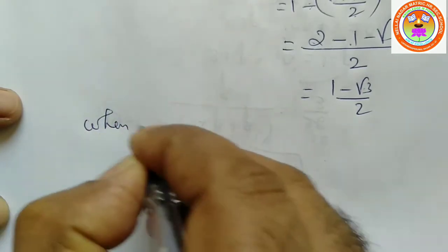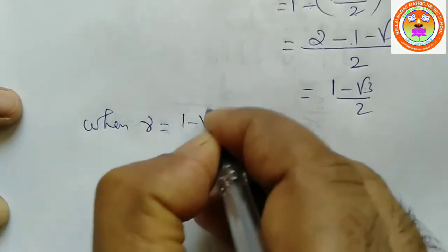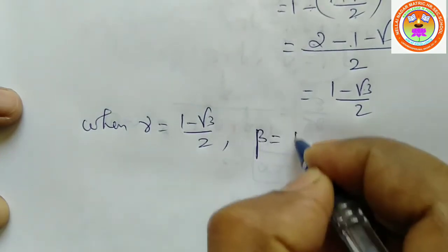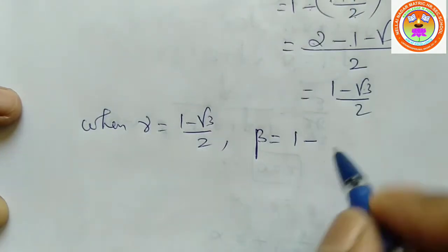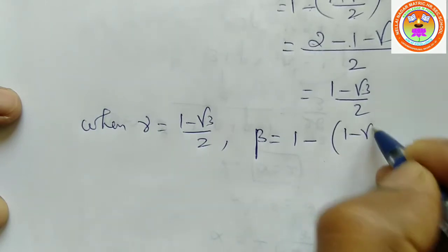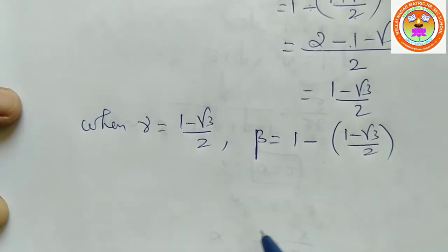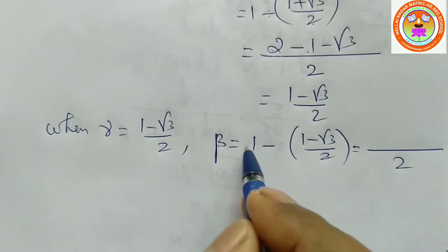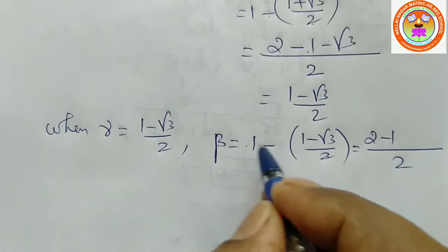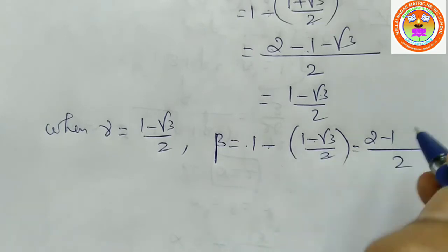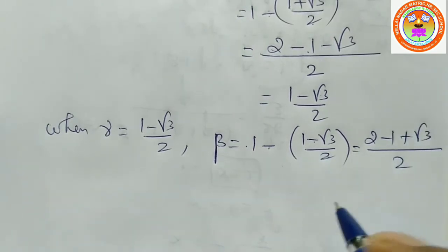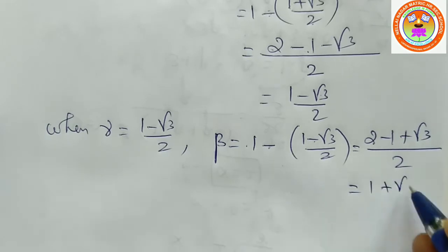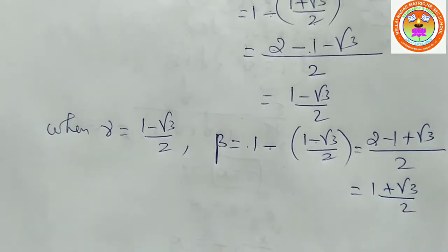So when gamma is equal to 1 minus root 3 by 2, beta becomes 1 minus gamma. Gamma is 1 minus root 3 by 2. If you take the LCM, LCM is 2. So cross multiply, 2 minus 1 minus, minus plus root 3. That is 2 minus 1 is 1. 1 plus root 3 by 2.